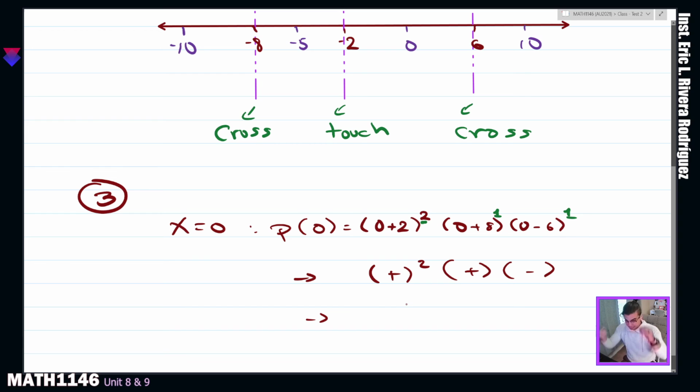What will be the sign? Positive or negative? We have 3 factors, and one of them has an exponent of 2, so that first one is going to be positive. Then a multiplication of a positive, so positive, and then we have a negative. So the sign is going to be negative.